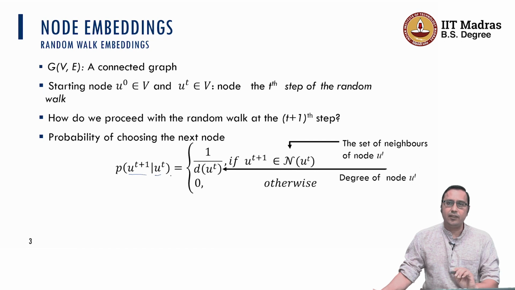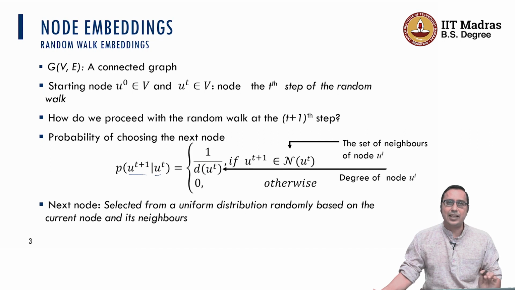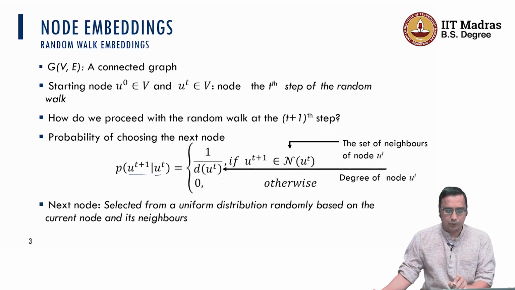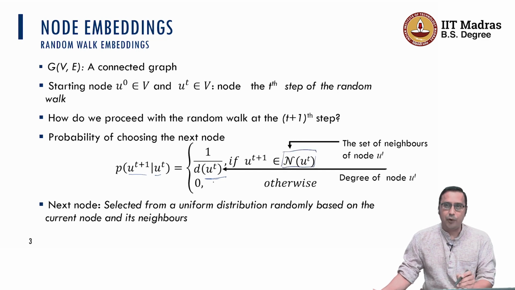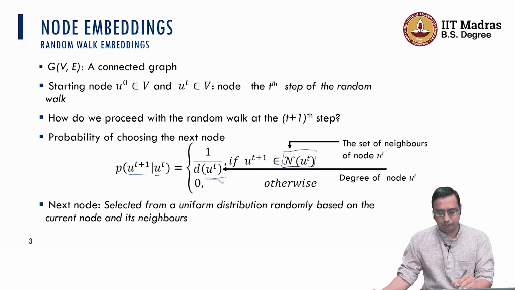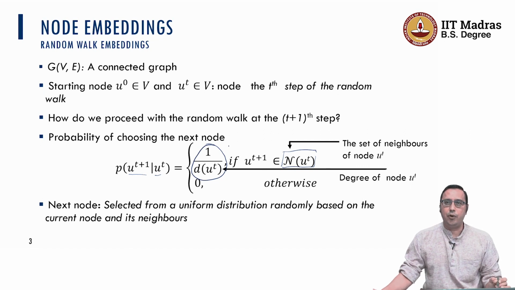What this probability tells us is that the next node should be selected from a uniform distribution randomly, based on the current node and its neighbors. Remember that we are only going to look at the neighbors of ut, and we are going to randomly choose one node based on 1 by the degree of the node at which we are right now as our probability.